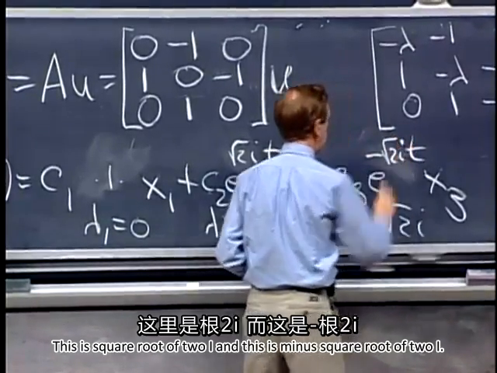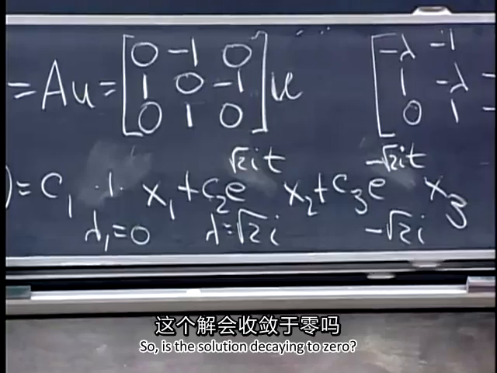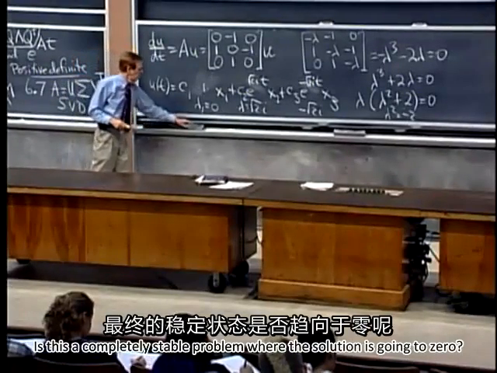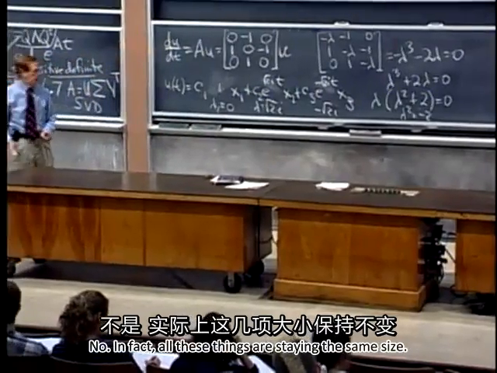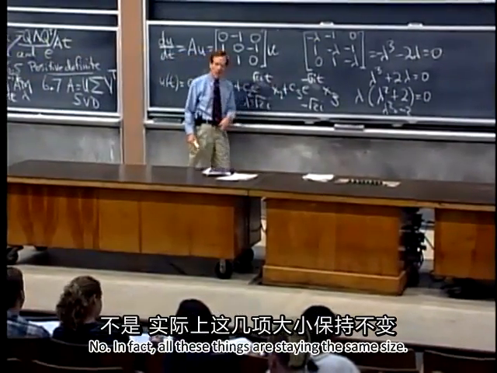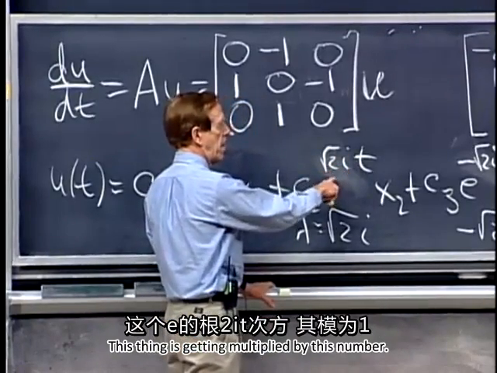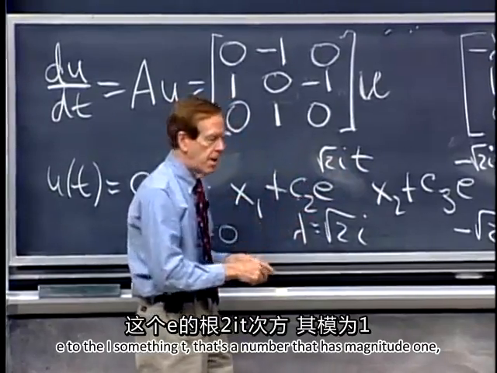So is the solution decaying to 0? Is this a completely stable problem where the solution is going to 0? No. In fact, all these things are staying the same size. This thing is getting multiplied by this number e to the i something t.